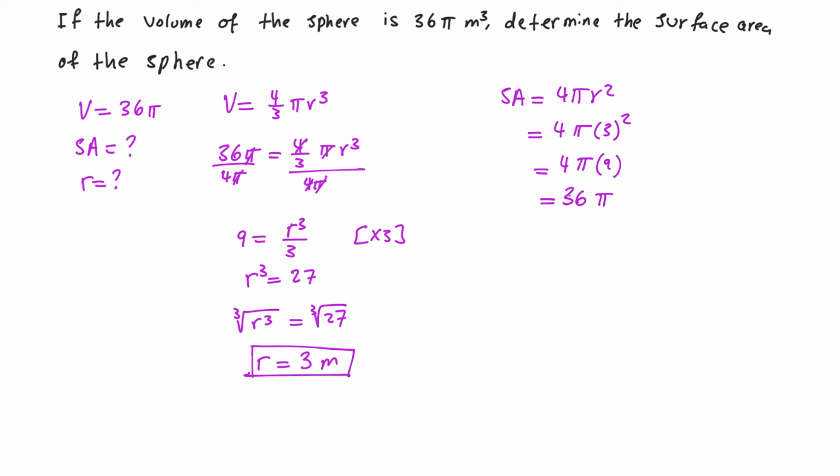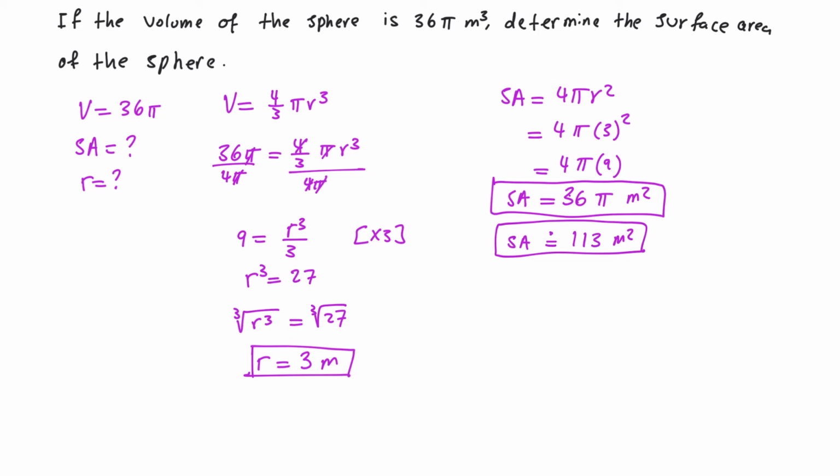And write this, box it. Actually, I need units, so I can't box it yet. So I have to say 36 pi meters squared. And if I put this on my calculator, I will get surface area is approximately equal to 113 meters squared.